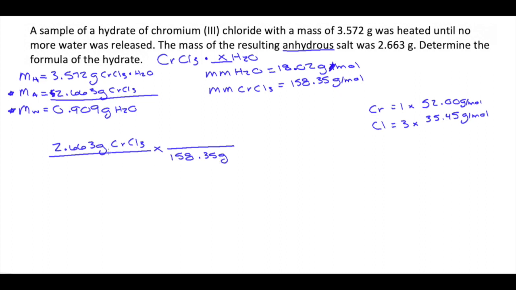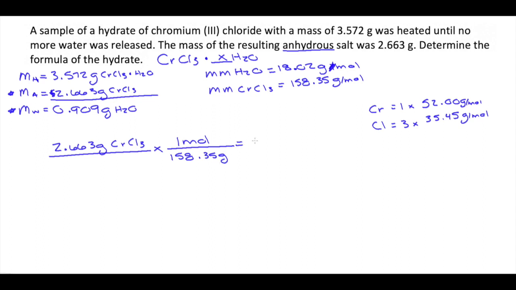And it only cancels out if it's on the top of one fraction and the bottom of the other, okay? So over 1 mole. This is my conversion factor for my molar mass. See how grams per mole is listed up here? I could put grams on top if I need to, but in this case, grams needs to be on the bottom so that it cancels out.